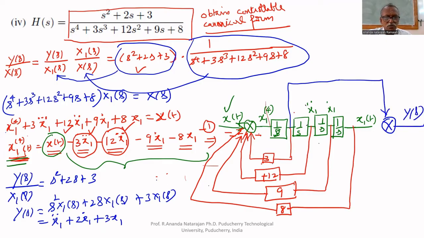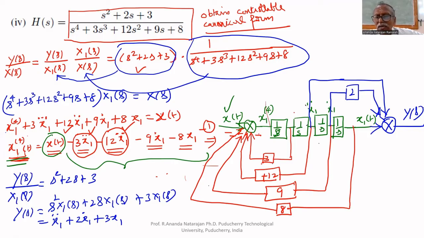Double derivative, 2 times single derivative. Sorry, this is the third derivative. The double derivative is taken here. Single derivative: multiply by 2 and add with this. Add here 3 times x1.